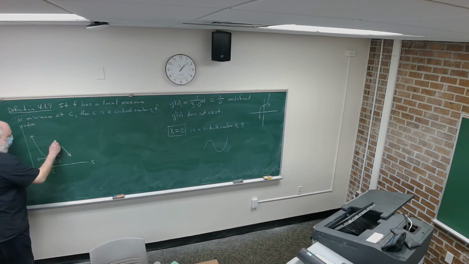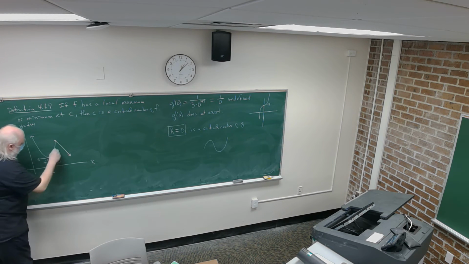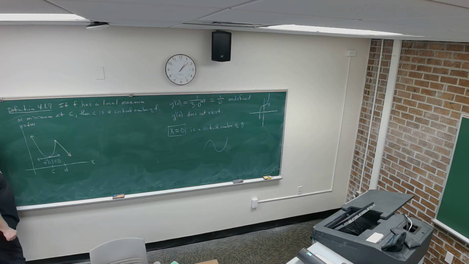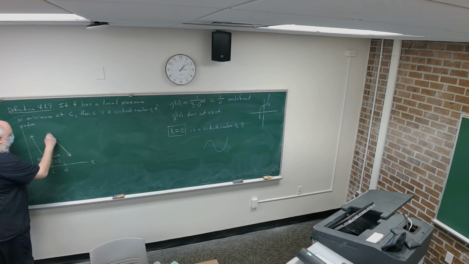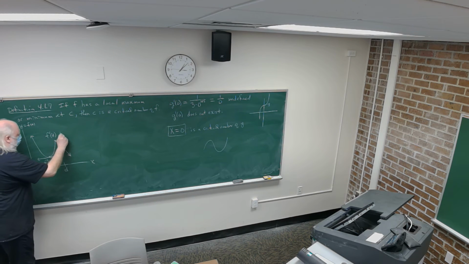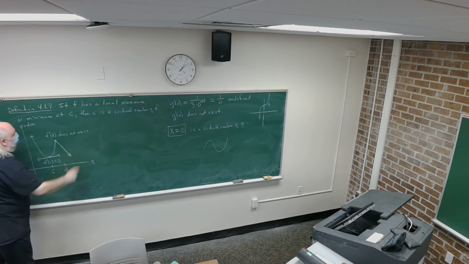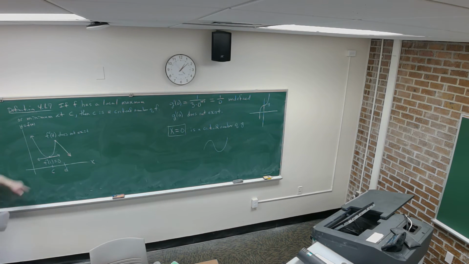Now, at the mountaintop, a peak point, say that occurs at x equals d. The function's not differentiable at x equals d, because it's pointing, and so f prime of d does not exist. This is the local minimum because it's the bottom of a hill, and this is the local maximum because it's the top of a mountain peak.